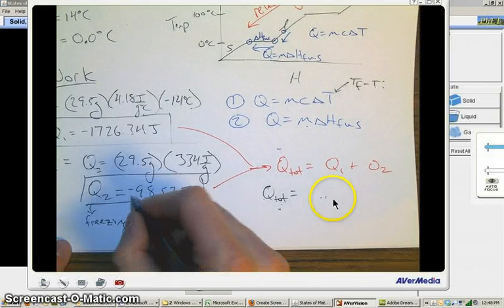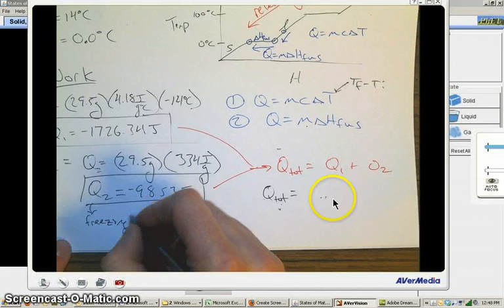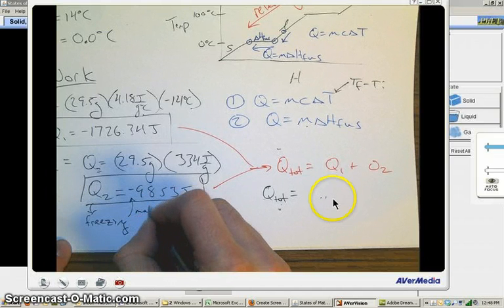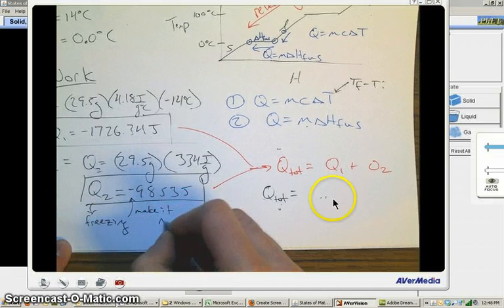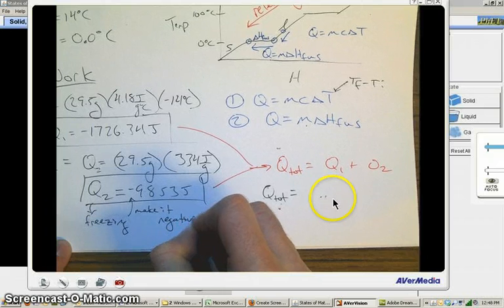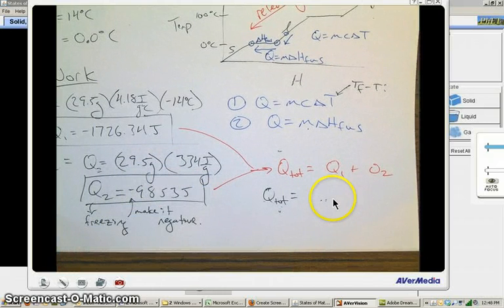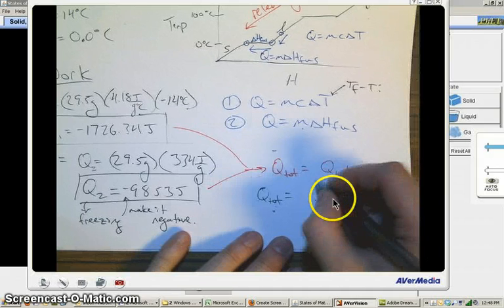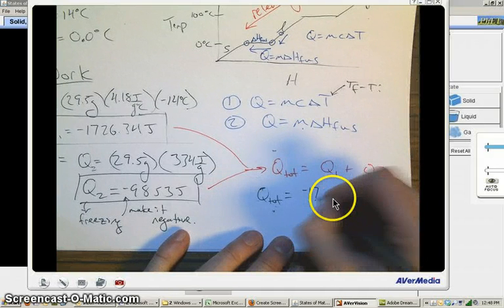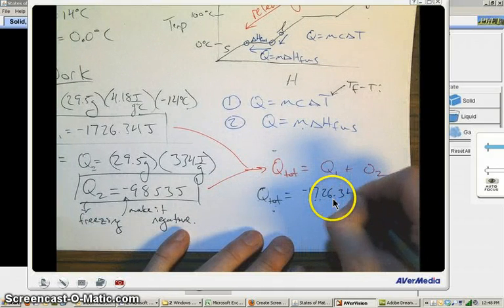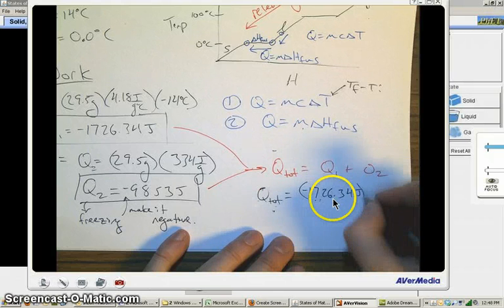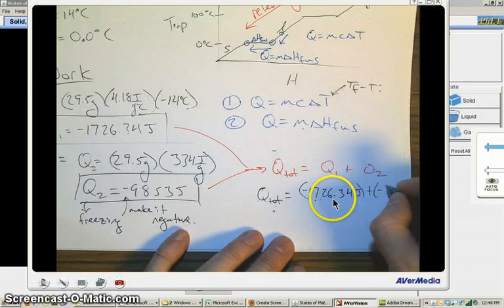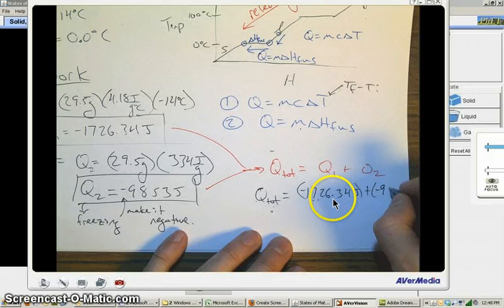So if energy is being released, you have to make it negative, even though the equation gives you a positive number. So I'm going to add these two values, but they're both negative. So negative 1726.34 joules plus negative 9,853 joules.